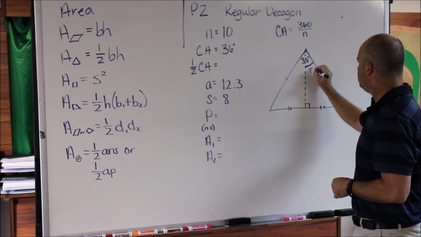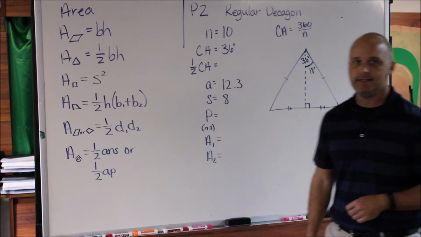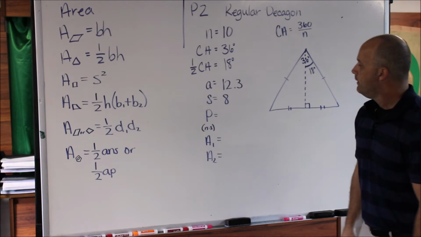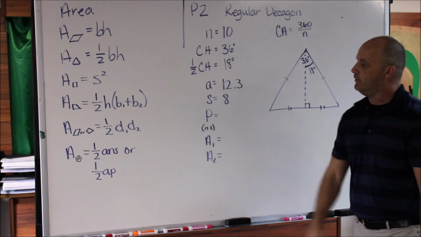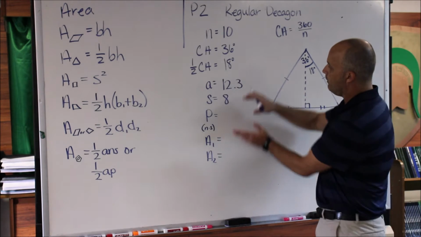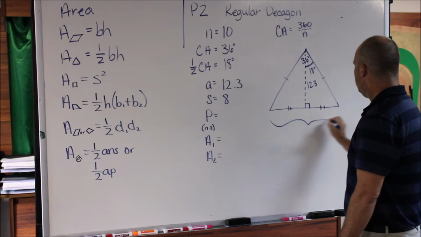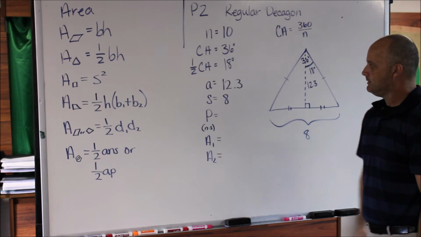The bisected angle is going to be 18 degrees. So we can put that in over here. Now, the next thing that we need to do is we need to find the perimeter, because we've already been given that the apothem is 12.3 and the side length is 8.